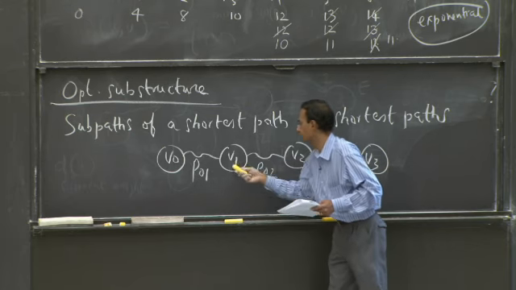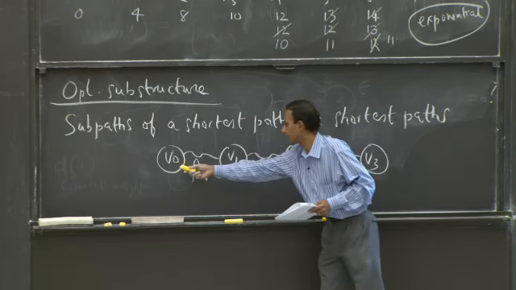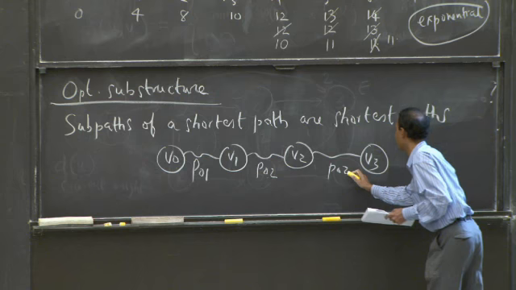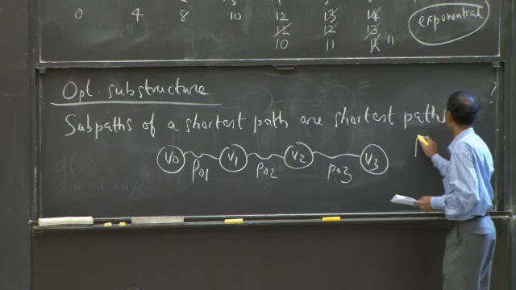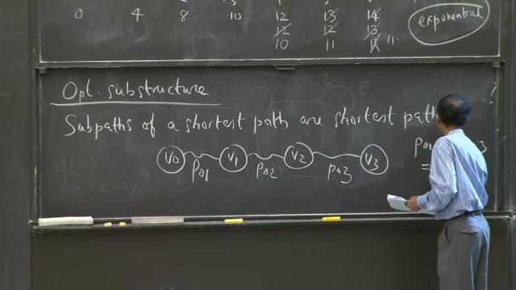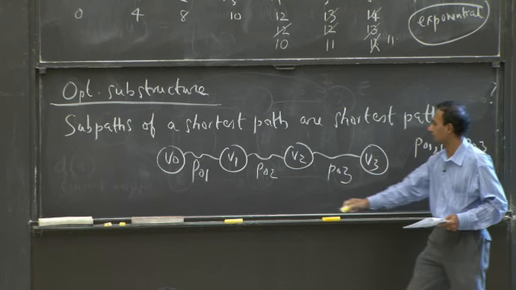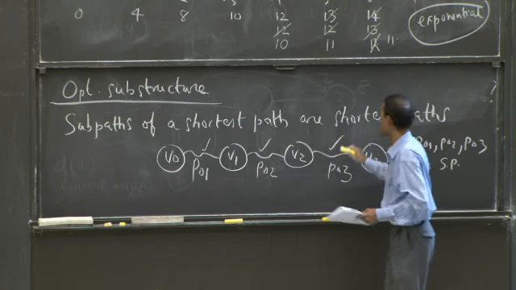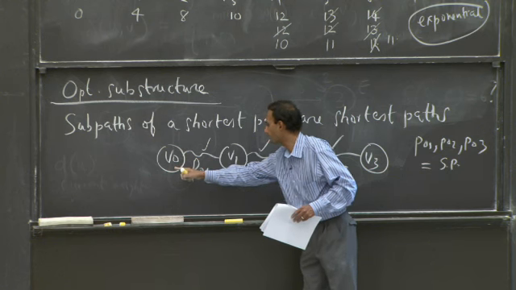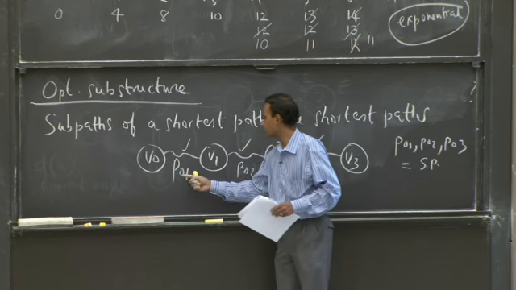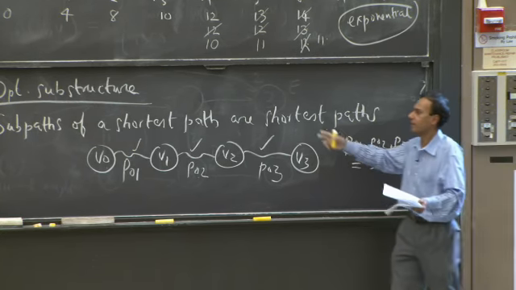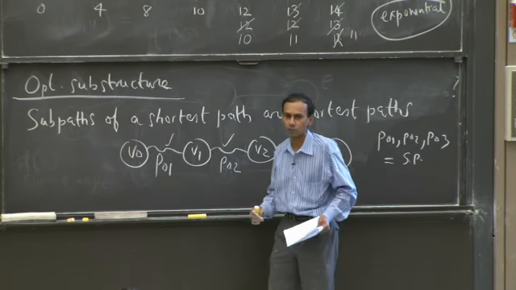And so there are many vertices potentially between V0 and V1. And if you tell me that V0 through V3, the concatenation of P01, P02, and P03, is a shortest path, if this is an SP, shortest path, then that implies that each of these are shortest paths as well, right? And that makes sense because if in fact there was a better way of getting from V0 to V1 that was better than P01, why would you ever put P01 in here? You would use that better way, right? So very simple. That's what's called the optimum substructure property.